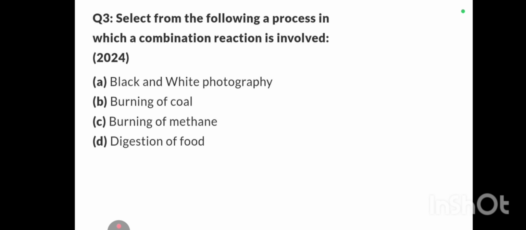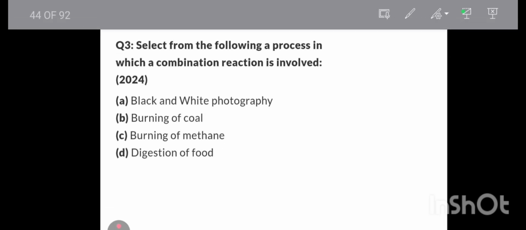Select from the following a process in which combination reaction is involved. Combination reaction means combine, right? That is, 2 or more reactants will combine to form a single product. So let's see the options. Black and white photography. We know in black and white photography, decomposition of silver chloride or silver bromide is used.